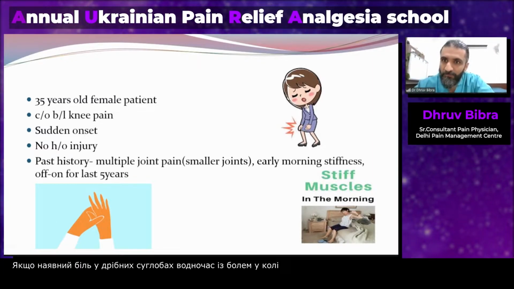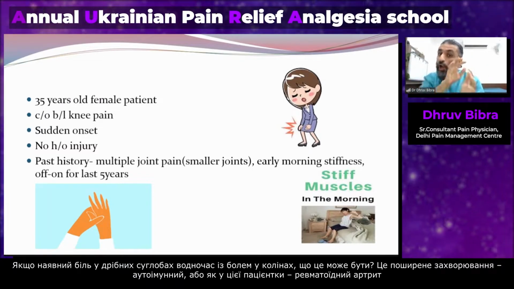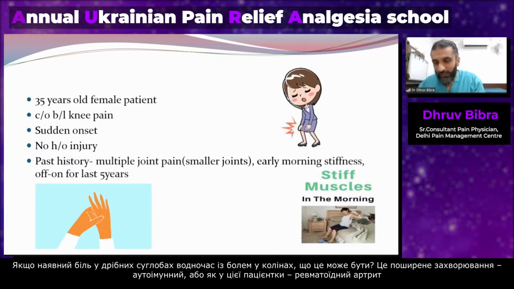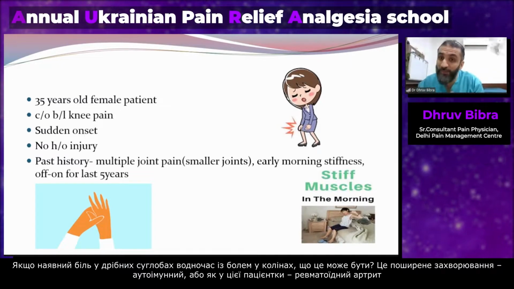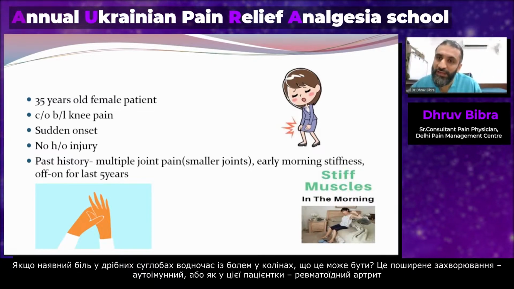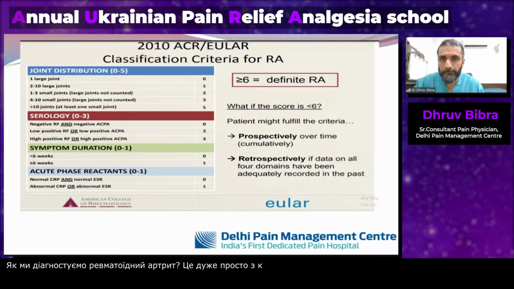So whenever we get any small joint pains along with knee pain, what we are dealing with is probably not what we see commonly. That is probably what you call autoimmune arthritis, or in this case, rheumatoid arthritis.